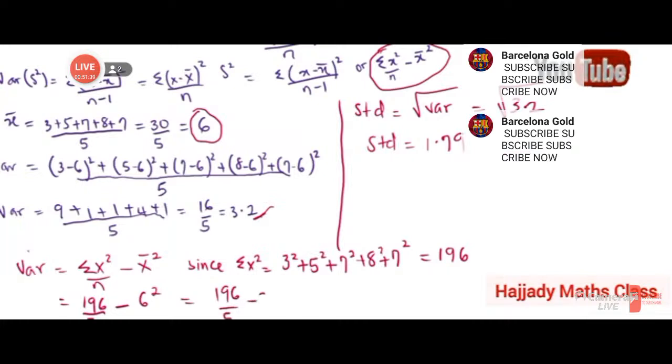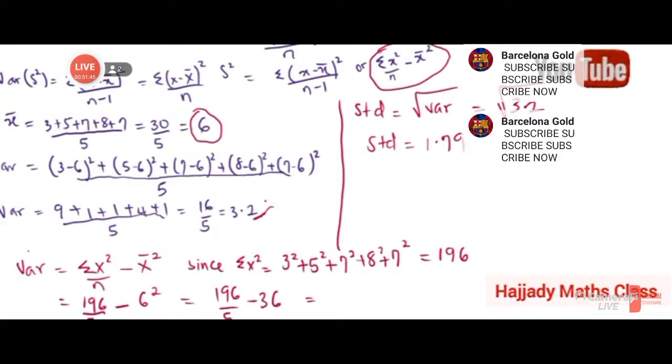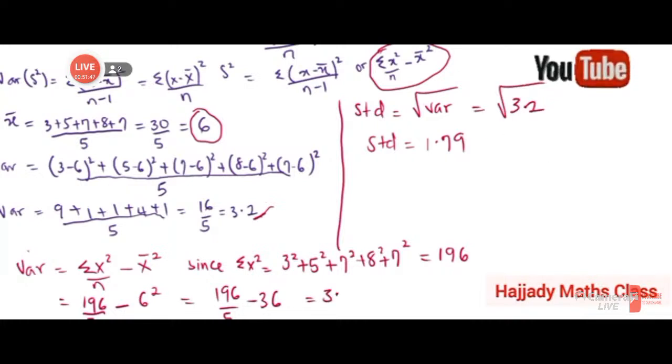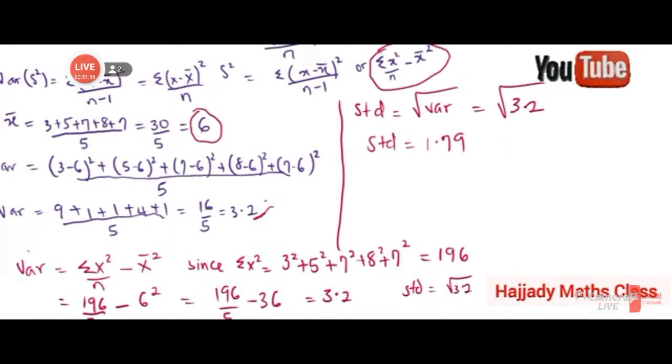Solving this further, I'm going to get 3.2. Calculating the standard deviation is still going to be the square root of 3.2, which is 1.79.